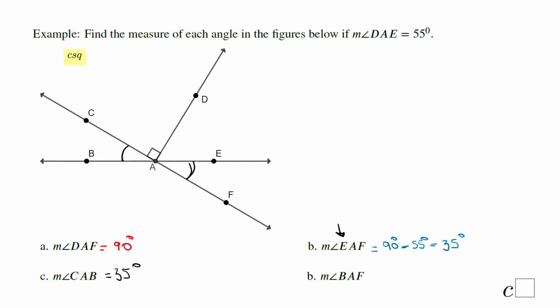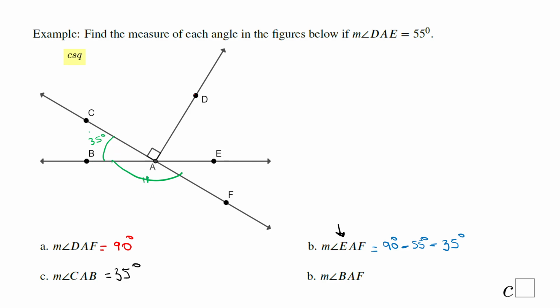And the last one, BAF, which is this angle. Again, I marked it with an arc here, but I'm going to erase the other. So how much is going to be that angle? Oh, we can look, and I just erased that one. This one was 35 degrees, and this one is supplementary to that one, right?